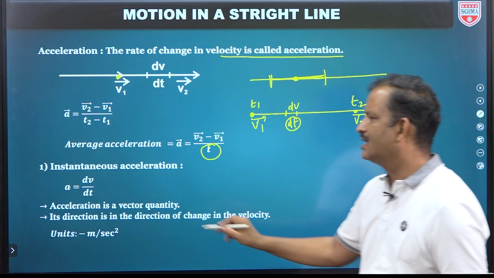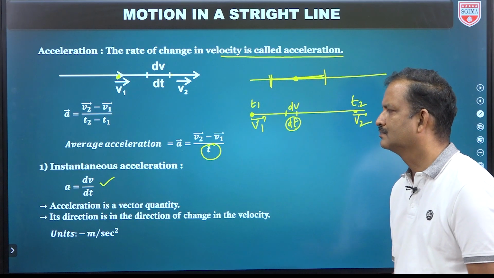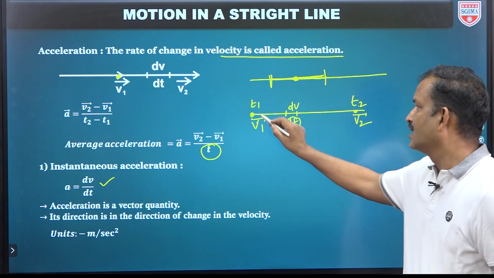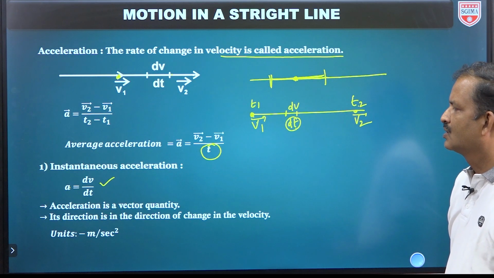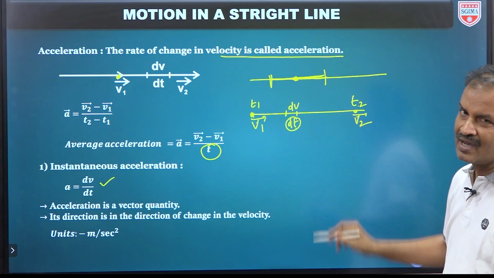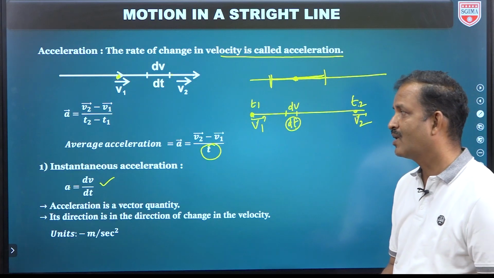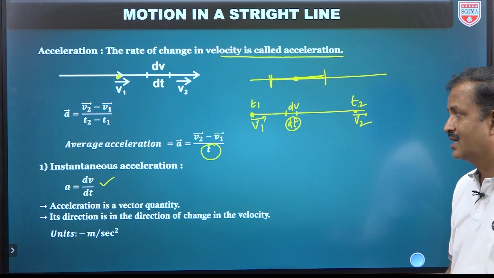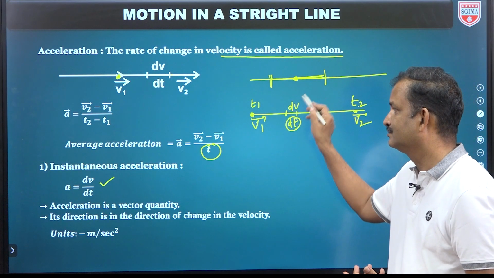Then instantaneous acceleration is dv by dt. For average, we have to consider initial and final: final velocity v2 bar, initial velocity v1 bar. So v2 bar minus v1 bar by t2 minus t1 is the average acceleration, where t2 minus t1 is this time.